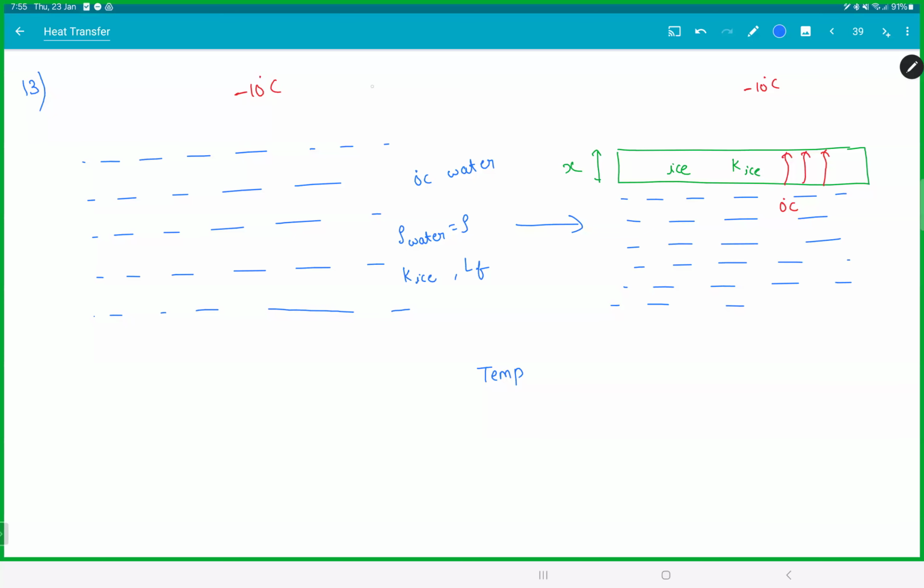Initially at T0, there is no ice. As the water starts freezing, more and more ice will form. So the ice will start accumulating. It forms a slab of ice on the top. Temperature drops to -10 degrees and ice forms on the surface.